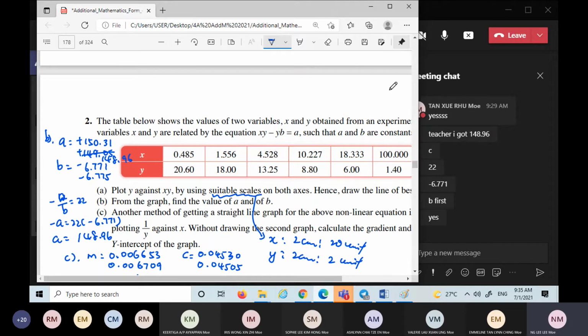Okay, we want to start a new topic, which is coordinate geometry. So can I know which book you are using? Some of you have written some things in your exercise book for chapter 6 linear law.